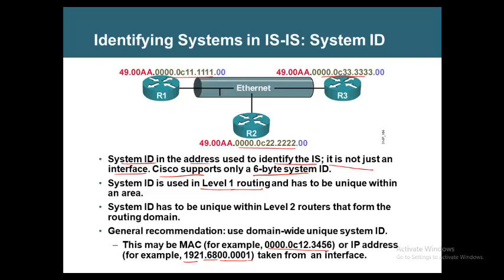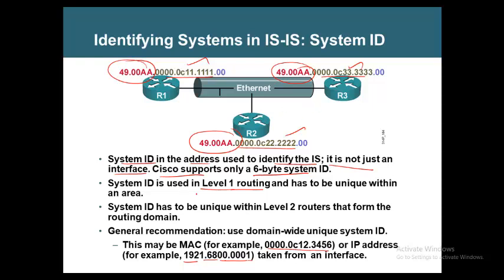System ID is used in level 1 routing only. In area ID, எல்லா routerலயும் common இருக்கும். You are seeing here, it's common. I said the same thing on the previous page. So based on the system ID difference only, it will know this is coming from R3 and that is coming from R2 and this is coming from R1.